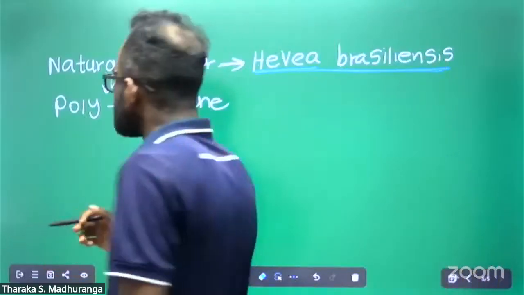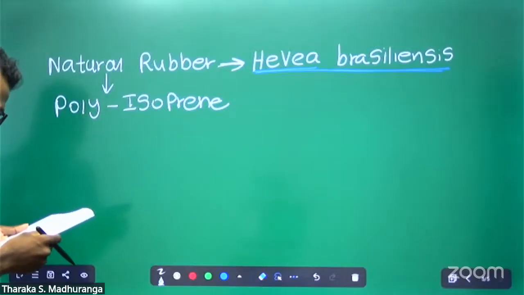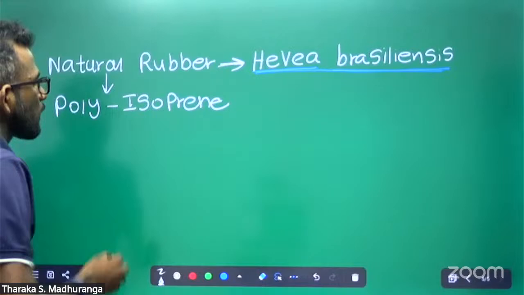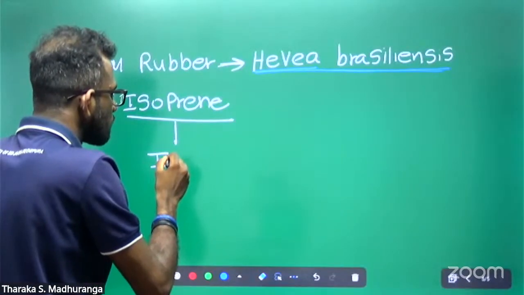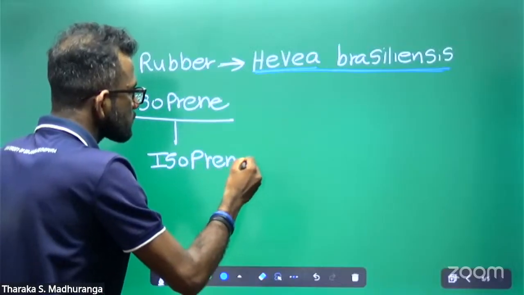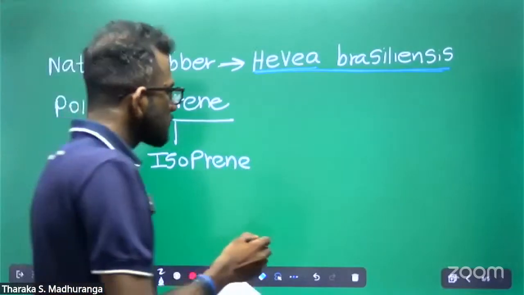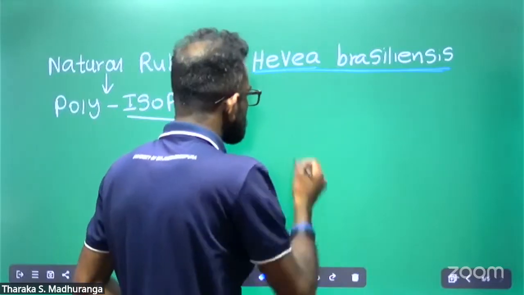After polymerization, we call it polyisoprene. Isoprene is the monomer. The isoprene structure is like this.